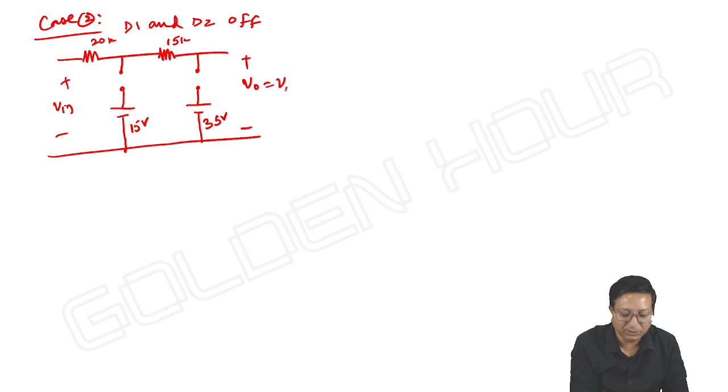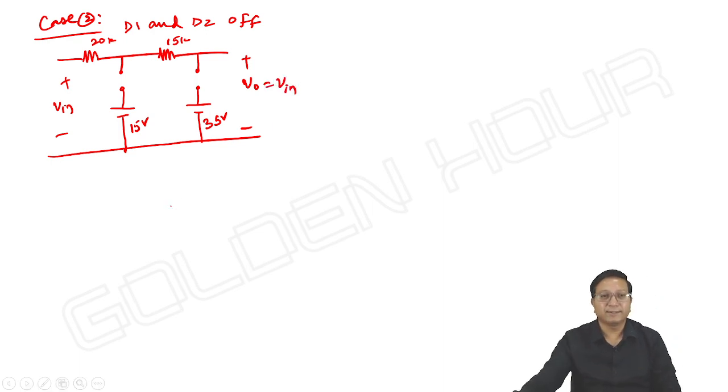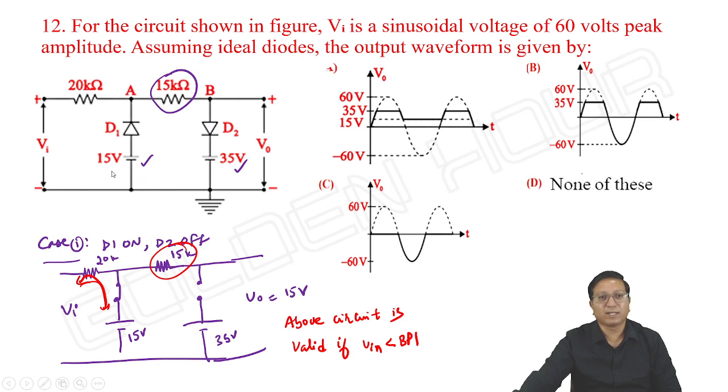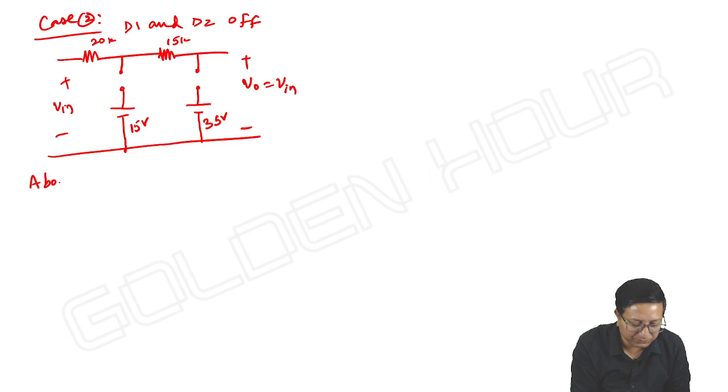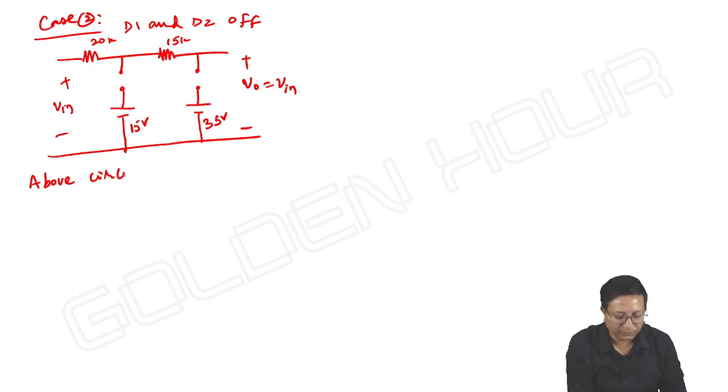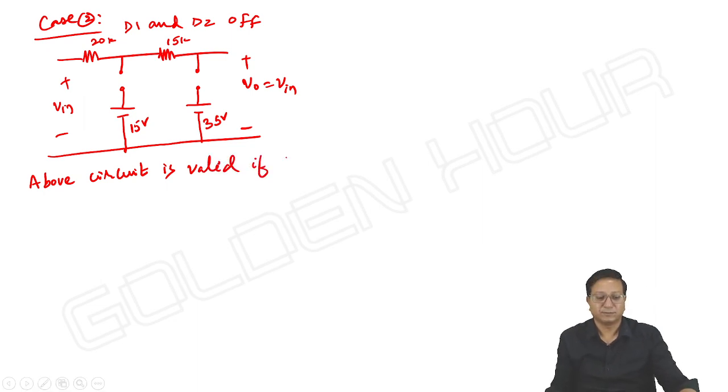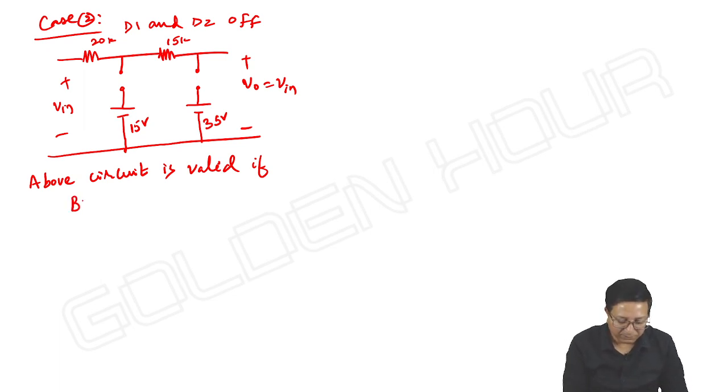Input and output. What is output? It is equal to input. This is valid for input greater than 15 volts and less than 35 volts, means if the input is in between breakpoint 1 and breakpoint 2. Above circuit is valid if breakpoint 1 less than V input less than breakpoint 2.